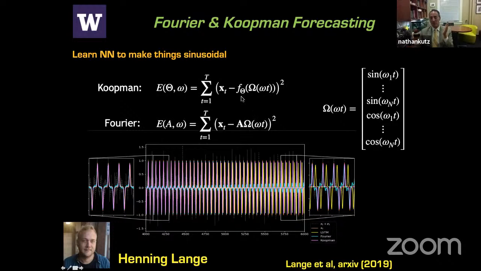So it's a neural network that takes signals like this and tries to make them as sinusoidal as possible. And in that coordinate system, it's very easy to represent them in terms of a small number of Fourier modes. That's the goal.